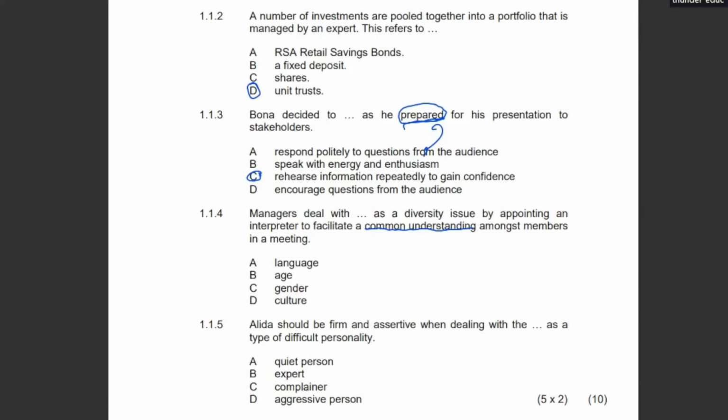So what is actually being interpreted here? We can't interpret the age, we can't interpret the gender, we can't interpret the culture. What is being interpreted is the language, because some of the people don't understand a certain language. That is why the interpreter is required at some stage. Okay, right. So now let's move on to 1.1.5.